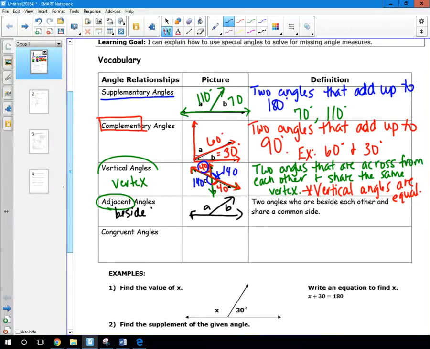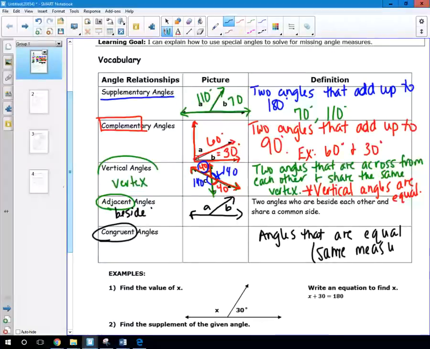Okay, and then the last, but certainly not least, congruent angles. Congruent is just a really fancy word for angles that are equal. They have the same measure. Okay, so we said earlier that vertical angles were congruent.